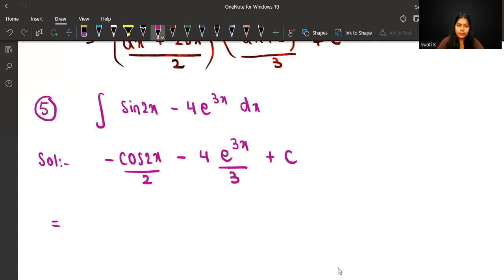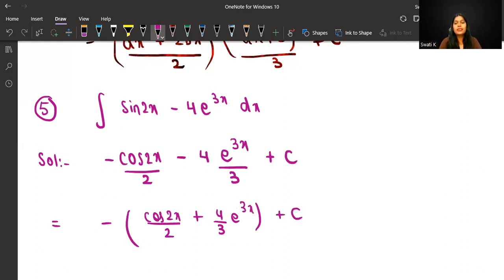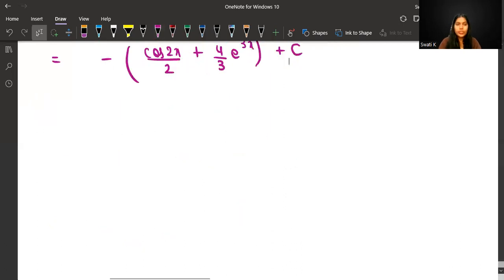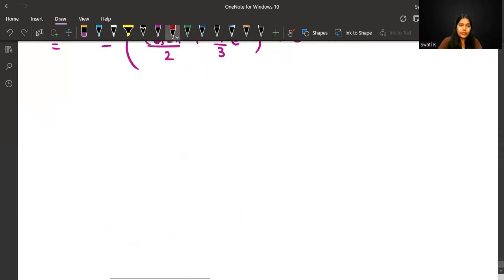So our answer is, if you want, you can take minus outside: cos 2x upon 2 plus 4 upon 3 e raised to 3x plus c. This is the answer. Now we can go to the next question, which is question number 6.